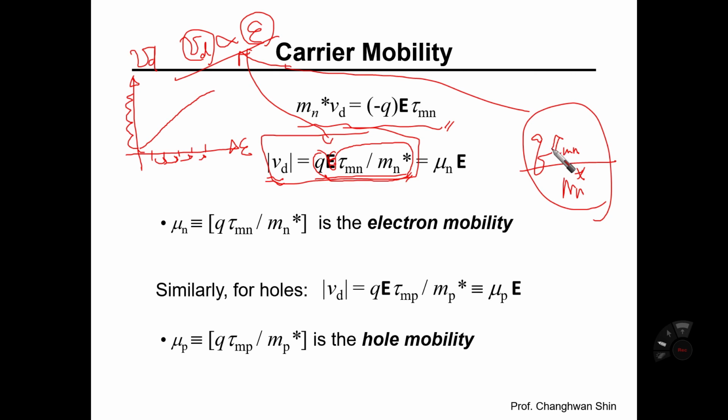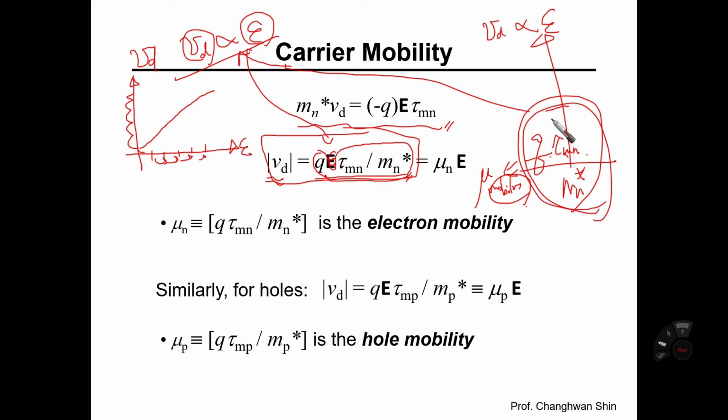So Vd is proportional to the electric field, and the coefficient is defined as Q times tau sub Mn divided by Mn asterisk. This quantity indicates mobility. So remember, this quantity Q times tau sub Mn over Mn asterisk is matched to the mobility.